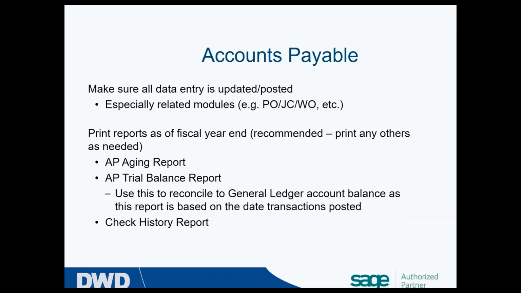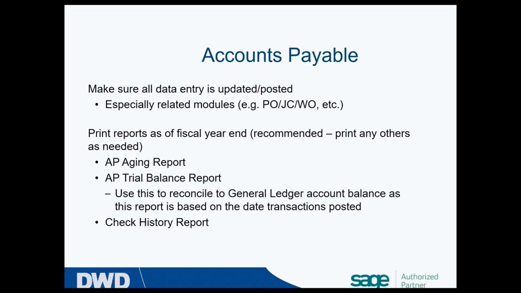The listing that I'm showing you here isn't the end-all be-all listing, but it's a good place to start. And any other reports that you have found a need for, print them out at this time as well. Just a little side note, if you're using the paperless way, you can dump all of this into your electronic filing cabinet, and that way you don't have to spit out reams and reams of paper, but we can have quick access to those reports, and we know that they're locked in at the time they were generated.